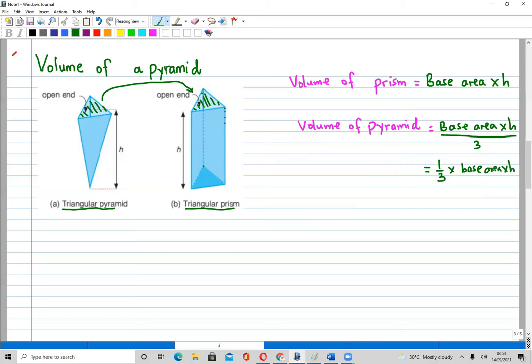So when we need to find the volume of a pyramid, we need the 1/3 times the base area times the height. I hope you have understood how we came up with that formula to find the volume of a pyramid. Let's now have an example.